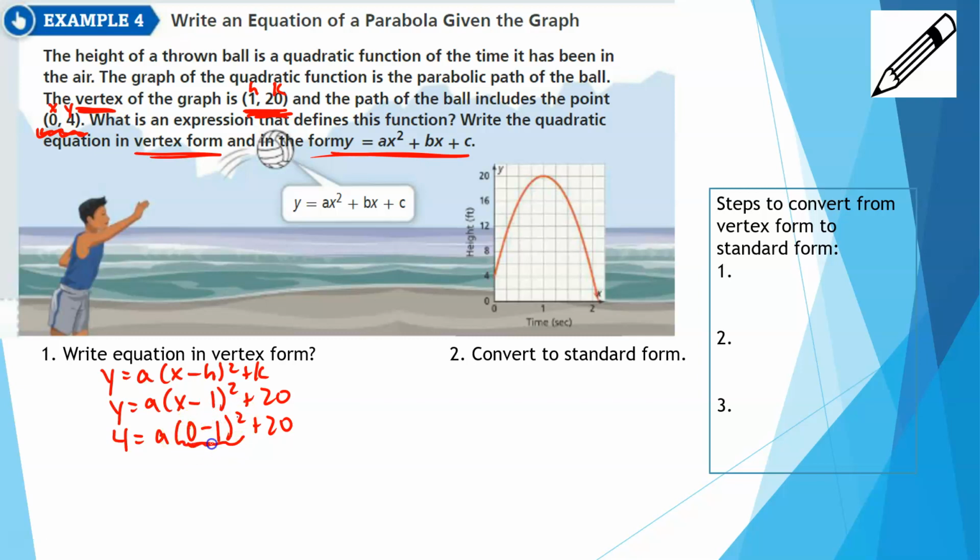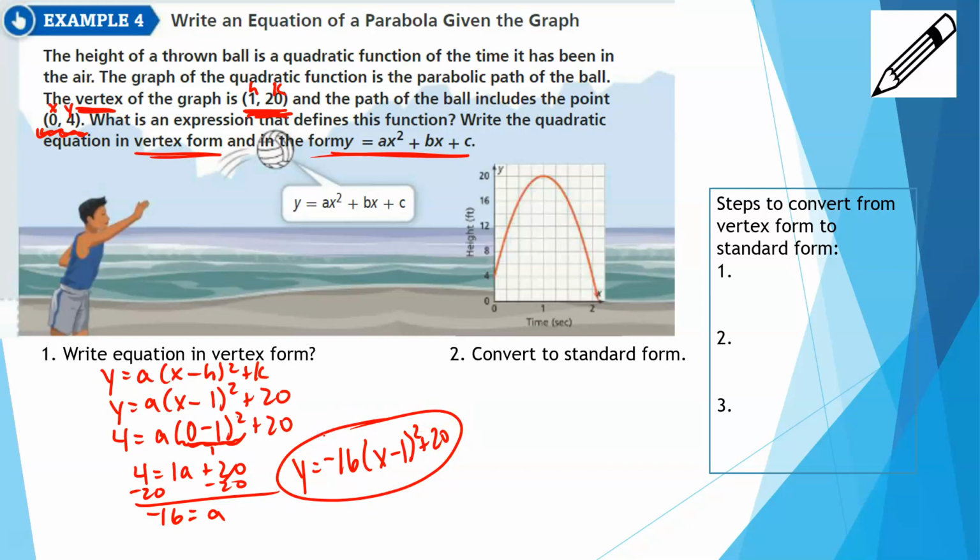So all of this actually just becomes 1, which means it doesn't matter. It's a 1a, but I don't need the 1. So I'll just subtract 20 from both sides. I get negative 16 equals a. So in this case, my vertex form would be y equals negative 16 times x minus 1 squared plus 20.